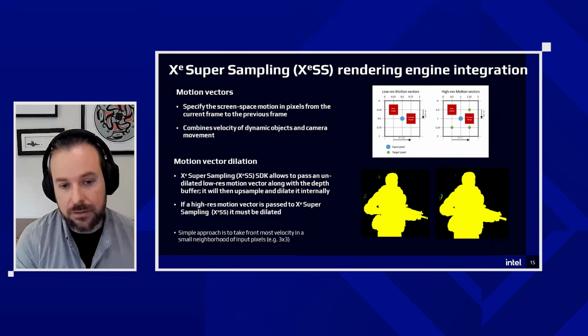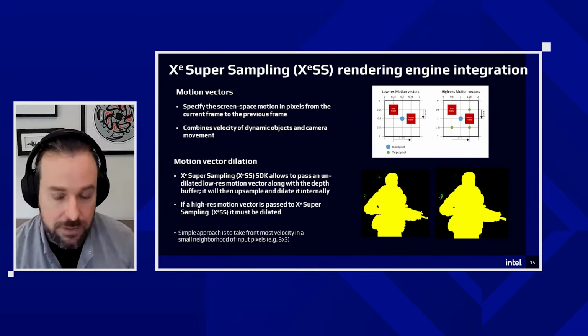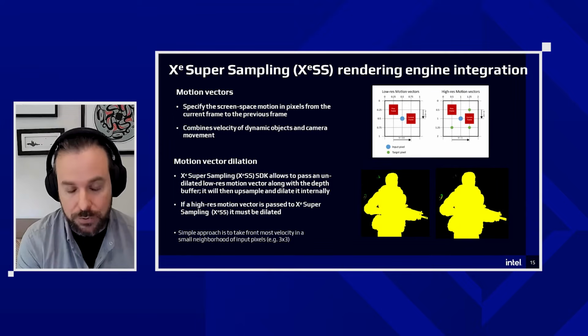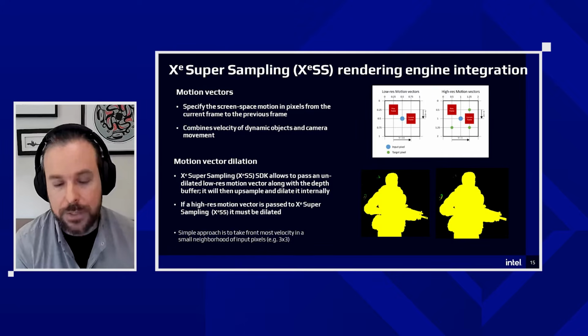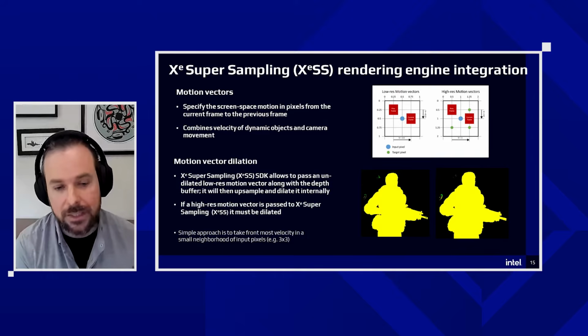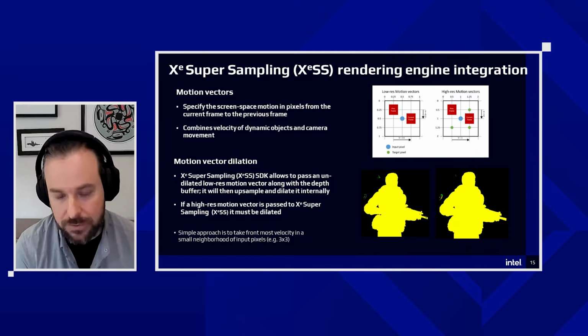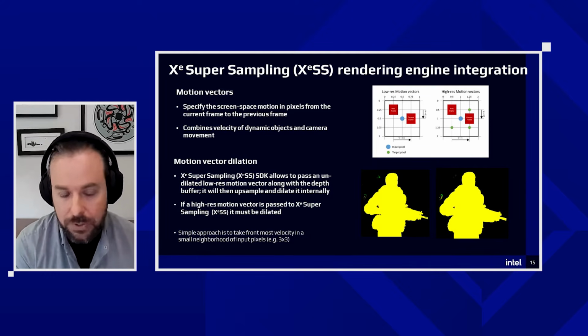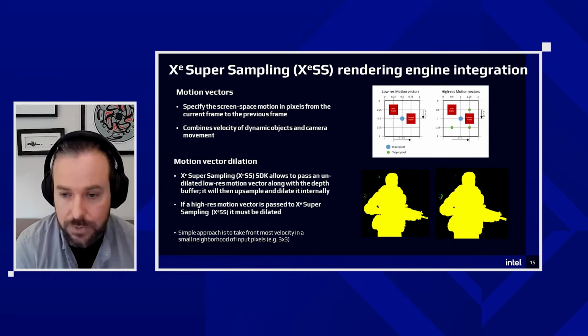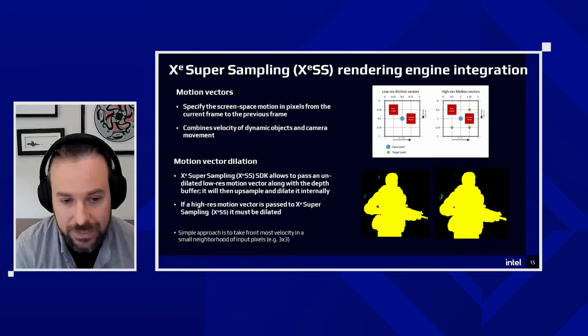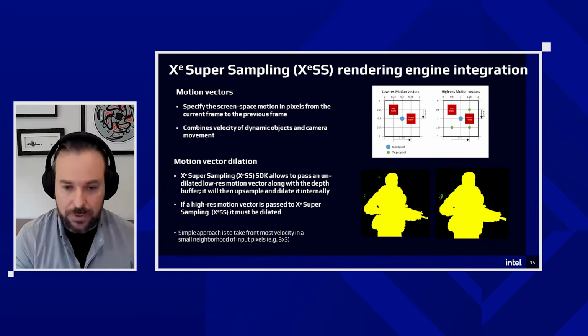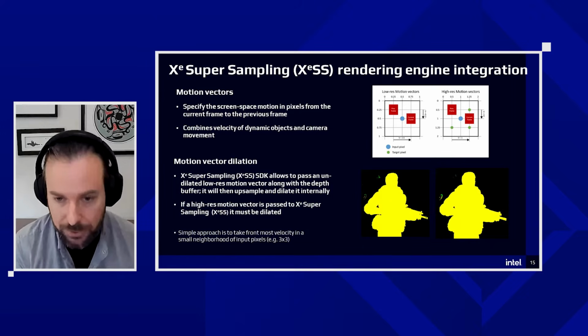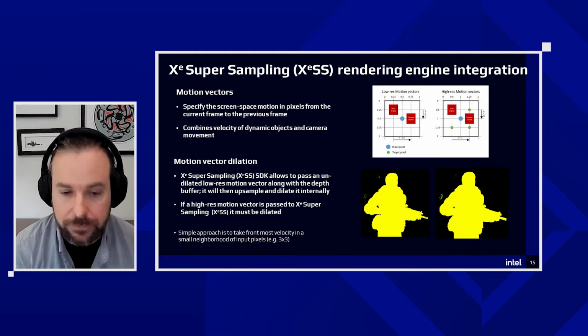And the SDK allows you to specify this either as a low resolution undilated motion vector, and then you have to specify the depth buffer and give it to XeSS, so XeSS can internally upscale and dilate this motion vector. But if you have a high-res motion vector, you then must dilate it yourself. And the simplest approach to dilating the motion vector is to take the frontmost pixel from a small neighborhood. That's why you need the depth buffer.